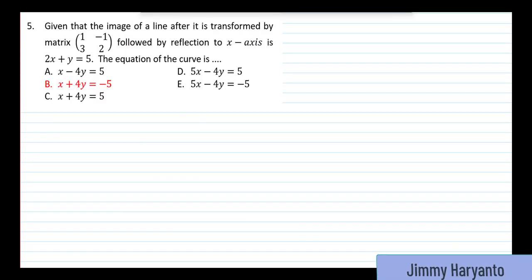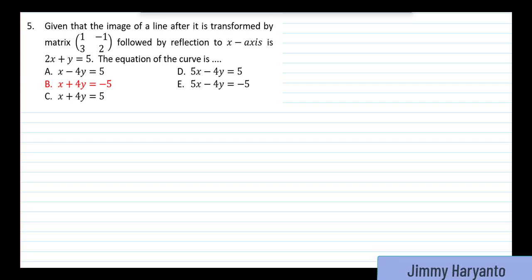Next is number 5. For number 5 we have an image from the original line. This time the question gives us the image of the line. So because the image is already given, this time we will not find the x and y, but we will try to find the x prime and y prime.